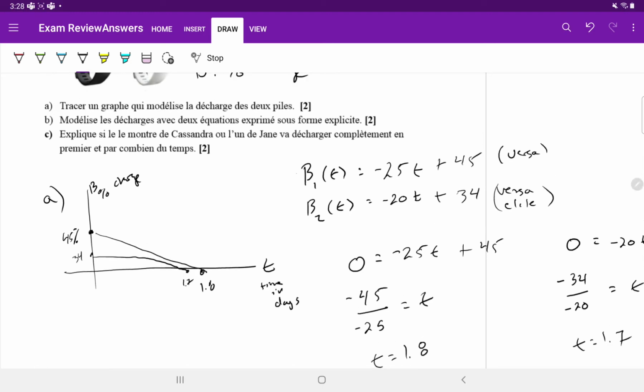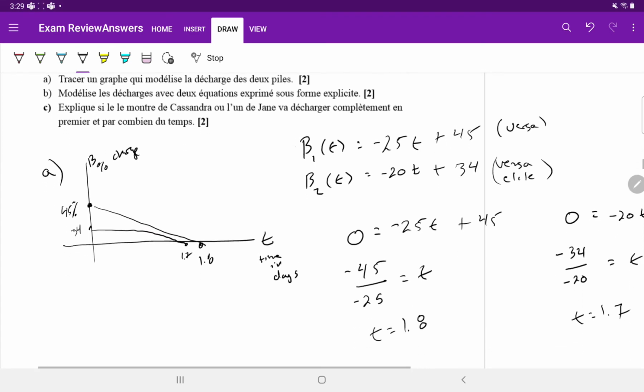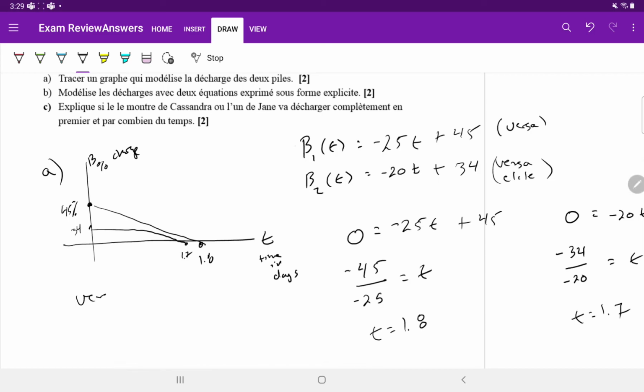So I've got the graphs traced, and I've got the equations written in explicit form. And then I've got to see who is going to discharge first. So the Versa Elite actually still discharges 100% before the Versa. The Versa Elite discharges first, and by how much time?